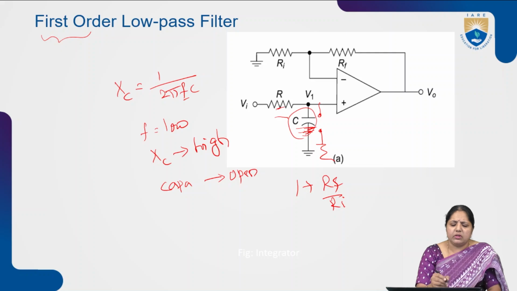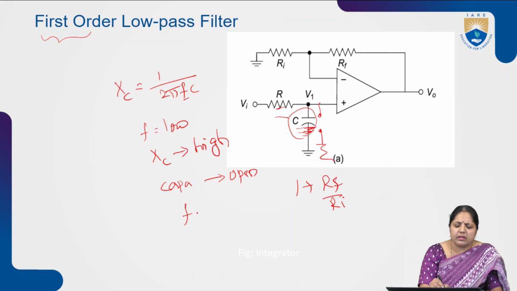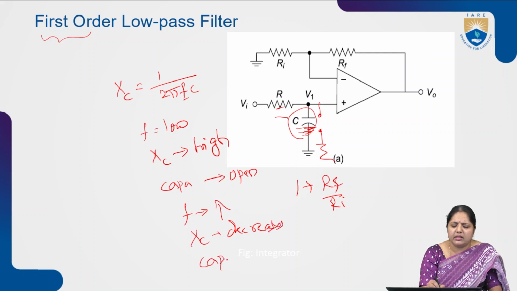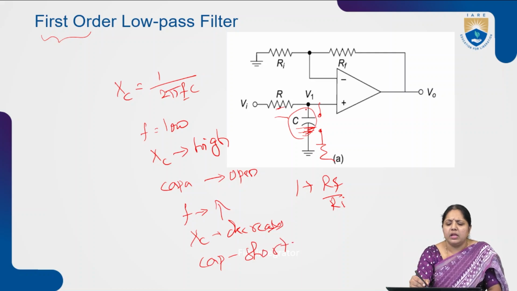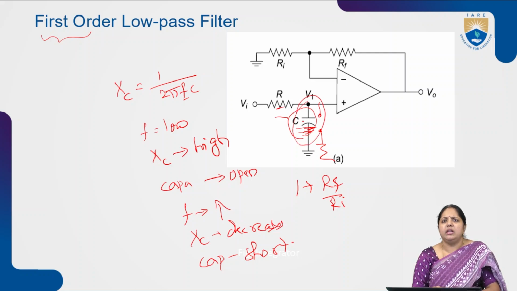Next, as the frequency value increases, the reactance of the capacitance slowly decreases. When the reactance slowly decreases, the capacitor acts as a short circuit. When the capacitor acts as a short circuit, a certain amount of voltage will appear across this capacitor.